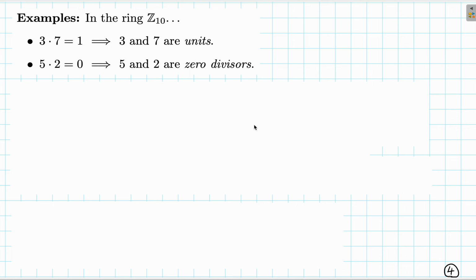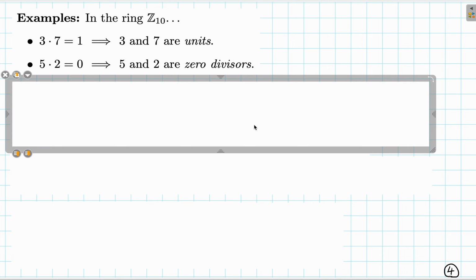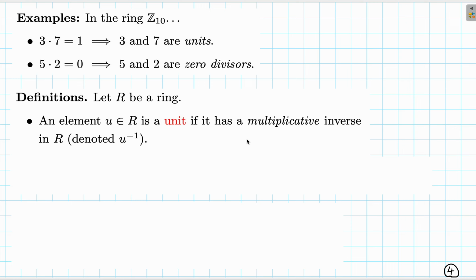So here are the generalizations, starting with unit. We'll let R be a ring, and an element U in R is said to be a unit if it has a multiplicative inverse in R. And that multiplicative inverse is denoted as U inverse, U to the minus 1. So for example, here we say that 7 is the multiplicative inverse of 3, and we would write that as 3 to the minus 1 is equal to 7.